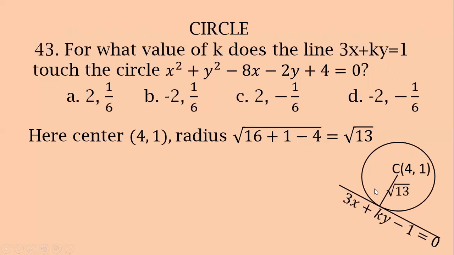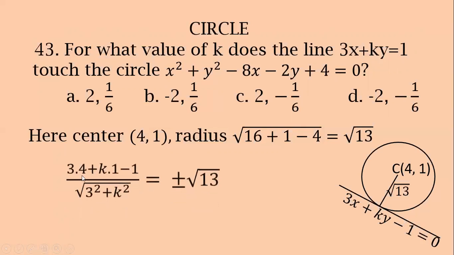And we know if a straight line touches a circle, then the distance from the center to the line is equal to the radius. So the center is (4, 1), the line is 3x plus ky minus 1 is equal to 0, and this is the radius. So the distance from (4, 1) to this straight line is equal to root over 30.